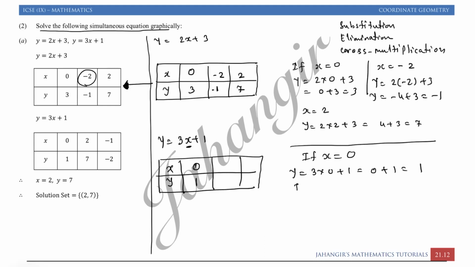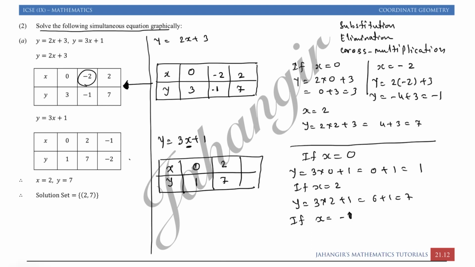Now next x value I can take as x is equal to 2. So y will become 3 into 2, just replace the x value as 2 again. 3 into 2 plus 1, that is 6 plus 1, which is 7. So I can write when x is 2, y is 7. Now I will take one negative value. You can take any negative value.